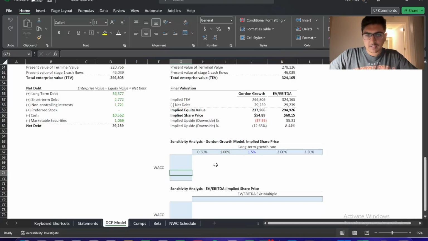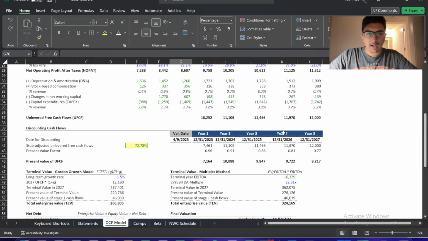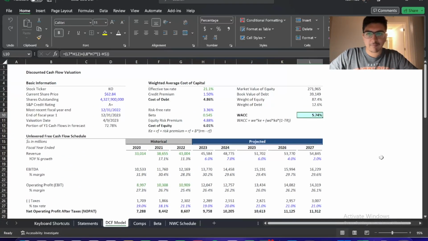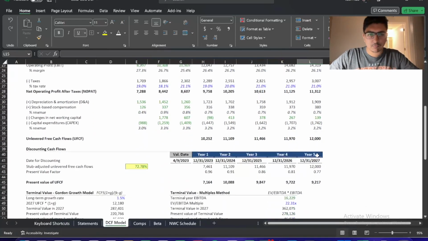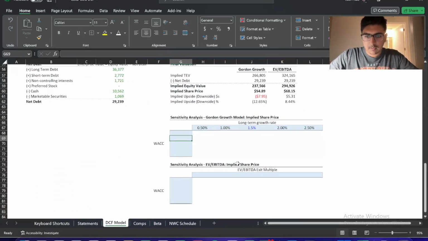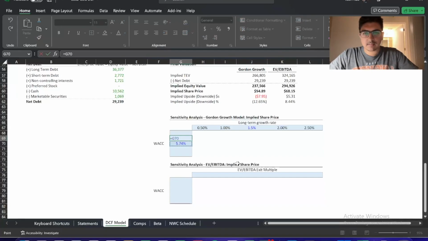So there are 5 cells. In your middle cell, we want our actual WACC. This was 5.74, so 5.74% seems roughly good enough. This is going to be decreasing, so let's say it's this plus 1%.